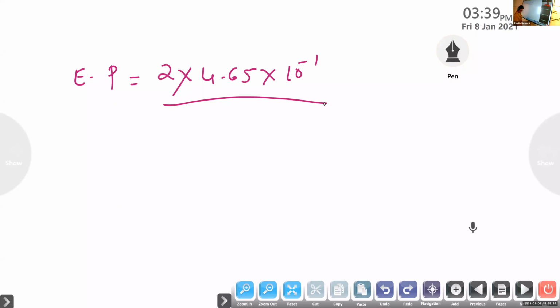It is given 3 millimeter. Milli stands for 10 to the power of? Minus 3. Yes. So 3 into 10 to the power of minus 3. So only do this, the remaining one we can do.